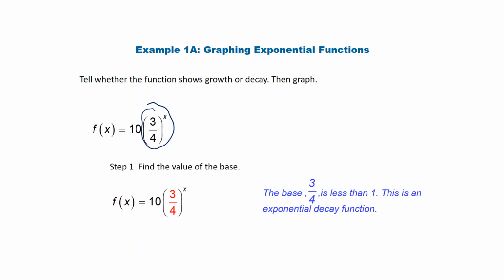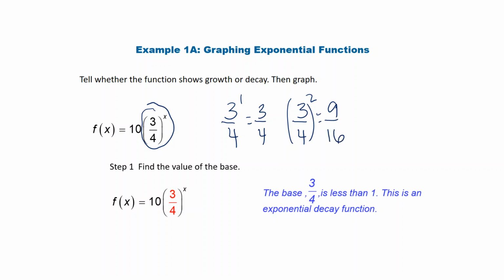So I want to just kind of prove that out to you. If our problem says 3/4 and we raise it to the first power, that would be 3/4. Raised to the second power, 3/4 squared is actually 9 over 16.